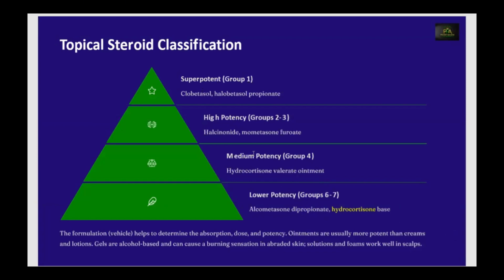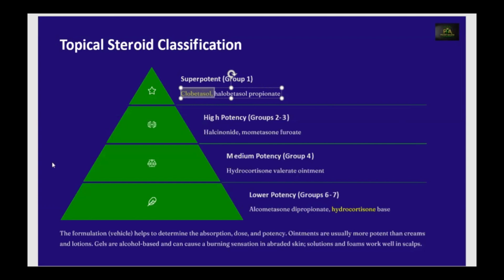Then we have the medium potency. Triamcinolone is also a medium potency. Then we have clobetasol, which is a super potent, high potency steroid.